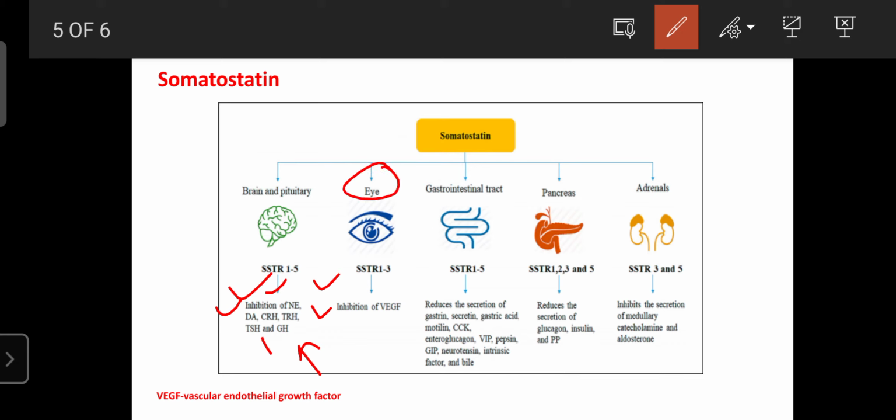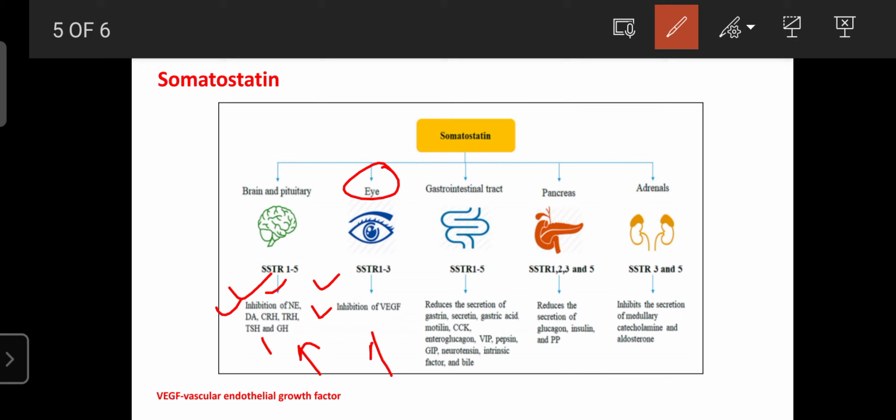In the eye, it can inhibit VEGF, the vascular endothelial growth factor, which is involved in the regulation of vision. Rhodopsin is a type of protein involved in the regulation of visual memory or vision. Rhodopsin physiology mainly depends upon VEGF, and somatostatin can inhibit that factor, which means it can alter vision.